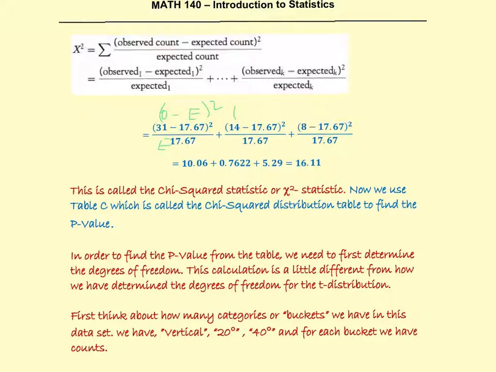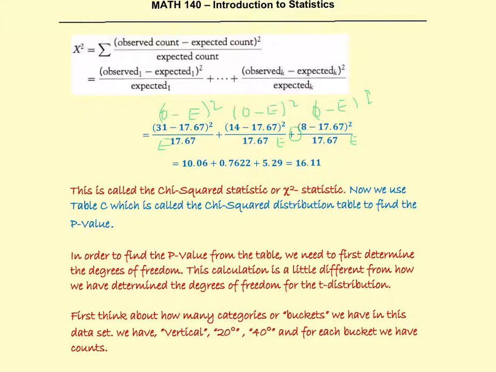Again, observed number of bird strikes minus expected number of bird strikes in the 40-degree window, the whole squared, divided by the expected number of bird strikes, plus the observed minus expected, the whole squared, divided by the expected for the 20-degree window.